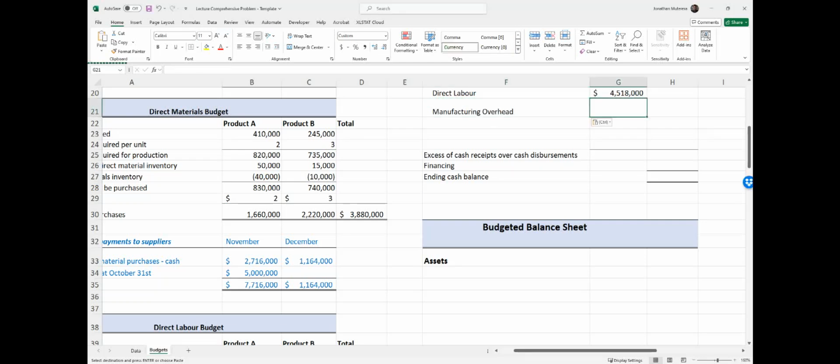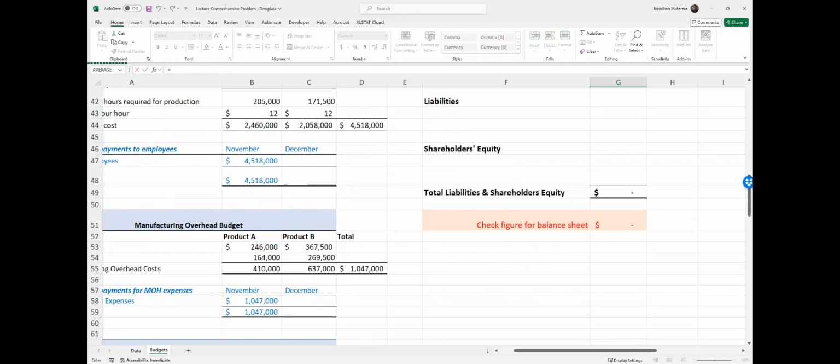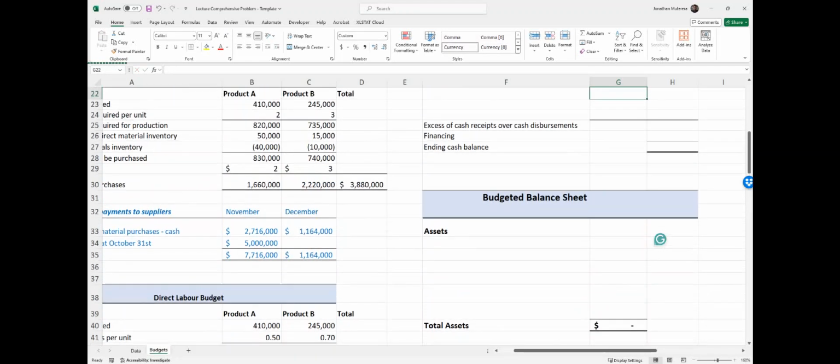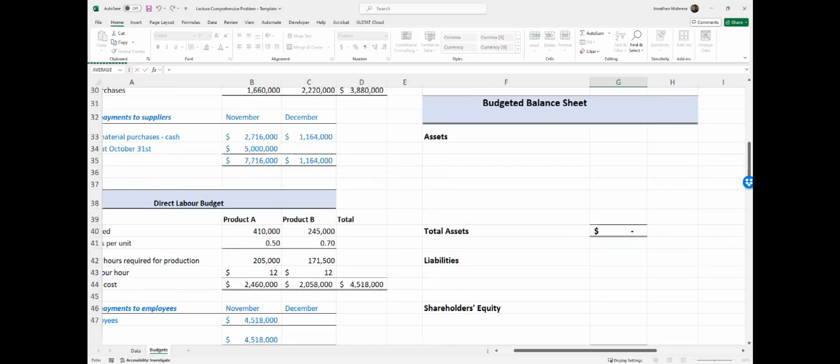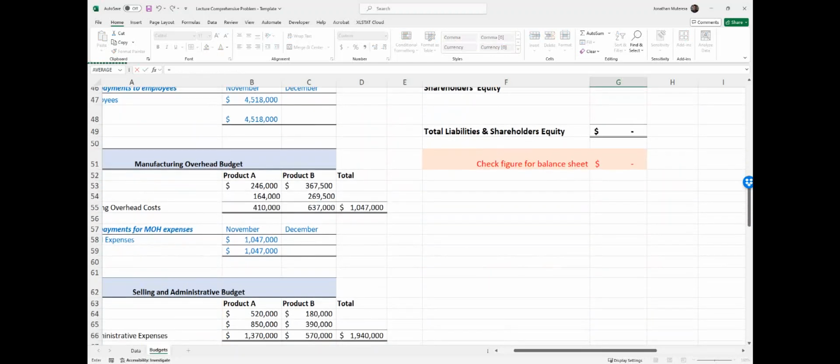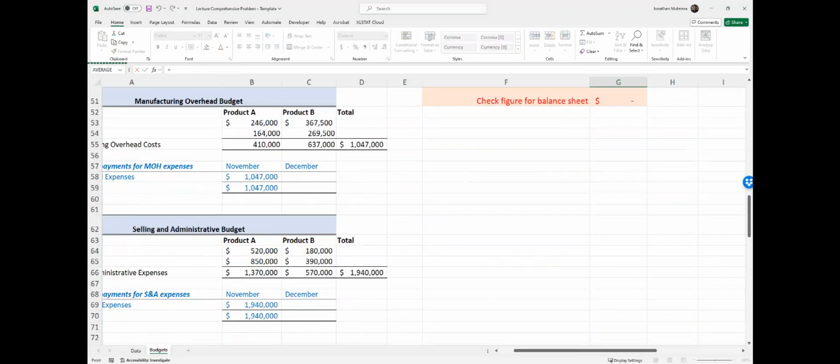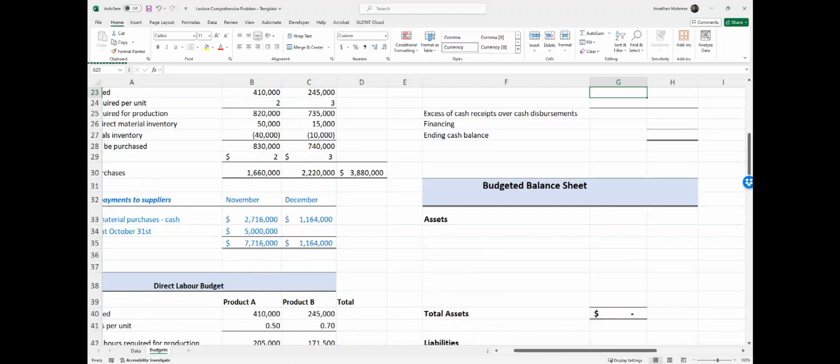Again, we said all of it was paid in November, so 1,047,000. We had administrative expenses, and we also said they were all paid in November, so 1.9 paid for in November.